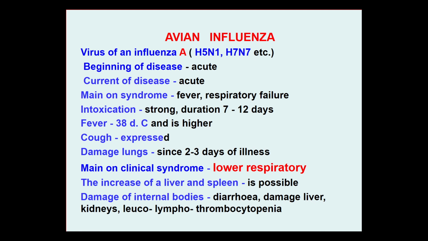Avian influenza, virus of influenza A, H5N1, H7N7. Beginning of disease acute, course acute, main syndrome fever, respiratory failure, strong intoxication, duration 7-12 days, fever 38 degrees and higher, cough expressed, damaged lungs since 2-3 days of illness. Main clinical syndrome lower respiratory tract damage, increase of liver and spleen is possible, damage of internal organs, maybe diarrhea, hepatomegaly, kidneys, leukolymphothrombocytopenia.